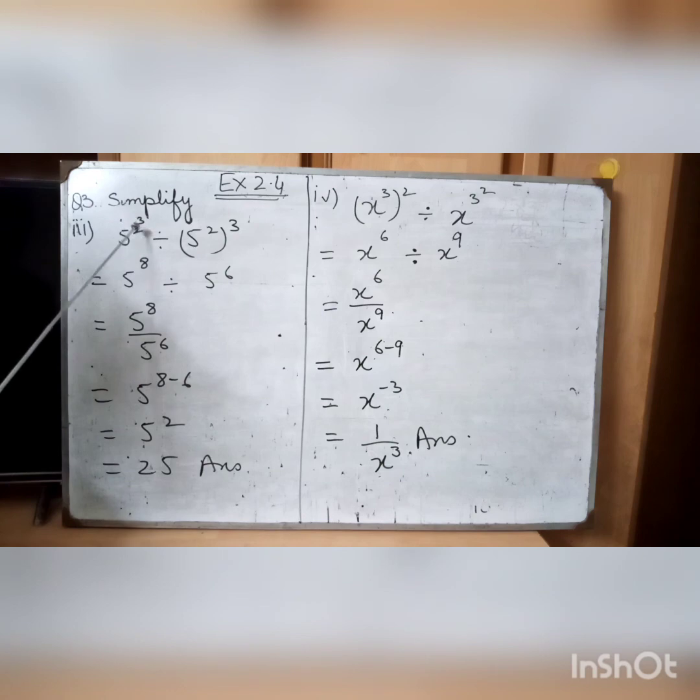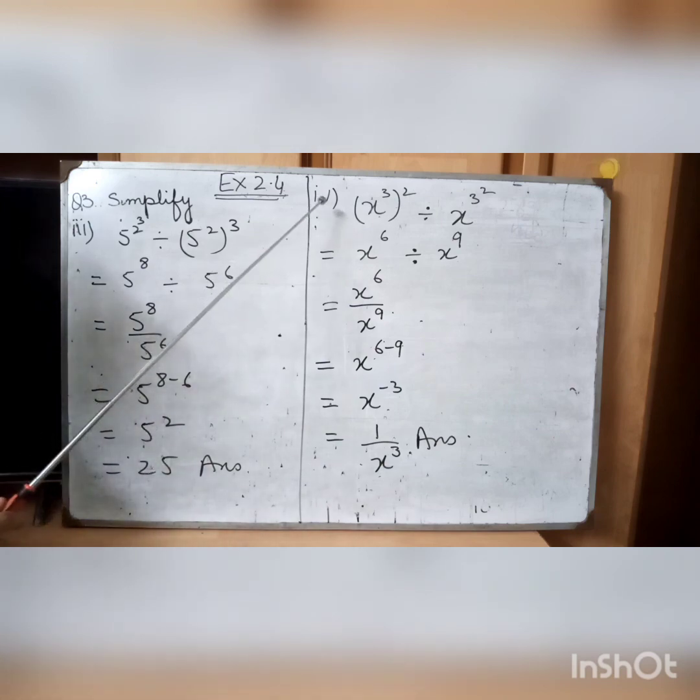After simplification of 2 raised to power 3, we have 8, which is the exponent of 5, divided by 5 raised to power 6, since 2 multiplied by 3 means 6. Then 5 raised to power 8 divided by 5 raised to power 6. Using the law of indices, 5 raised to power 8 minus 6. After simplification, we have 5 raised to power 2, which is equal to 25.